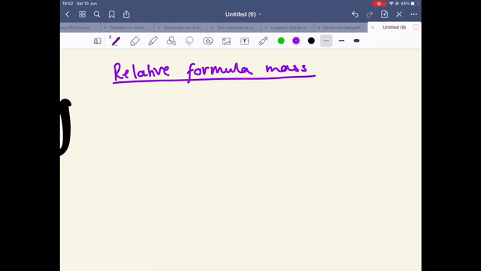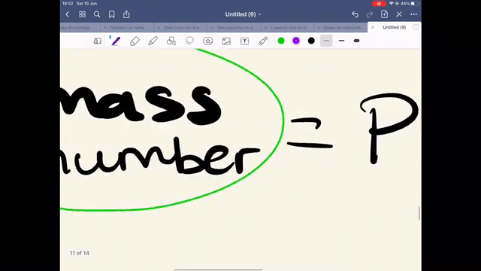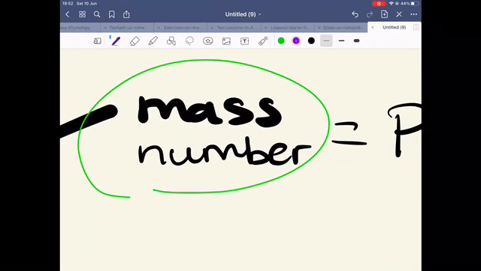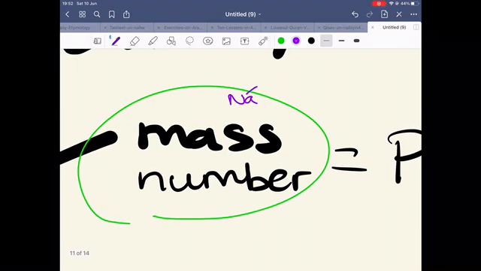So let's use sodium oxide as an example. Use your periodic table to find the mass numbers of sodium and oxygen. On the periodic table, you will see that the mass number of sodium is the bigger number, which is 23, and the mass number of oxygen is 16.